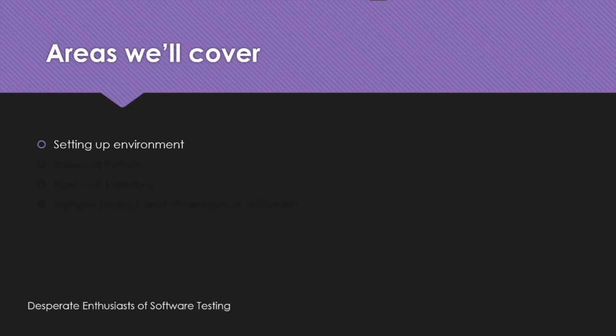Post this, we'll be heading on to basics of Python. So we'll be talking about strings, lists, tuples, sets, integers, if-else statements, iterations, loops, and after this, we'll be talking a little bit about OOPS concepts and how they are implemented in Python.